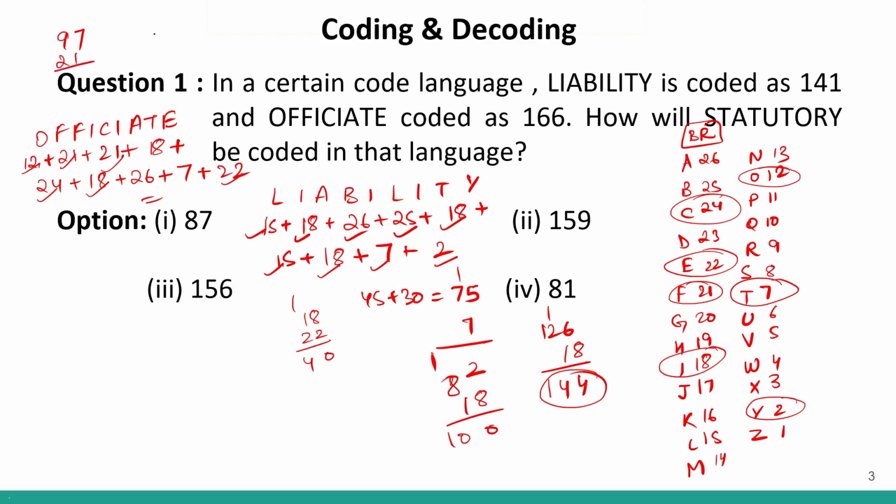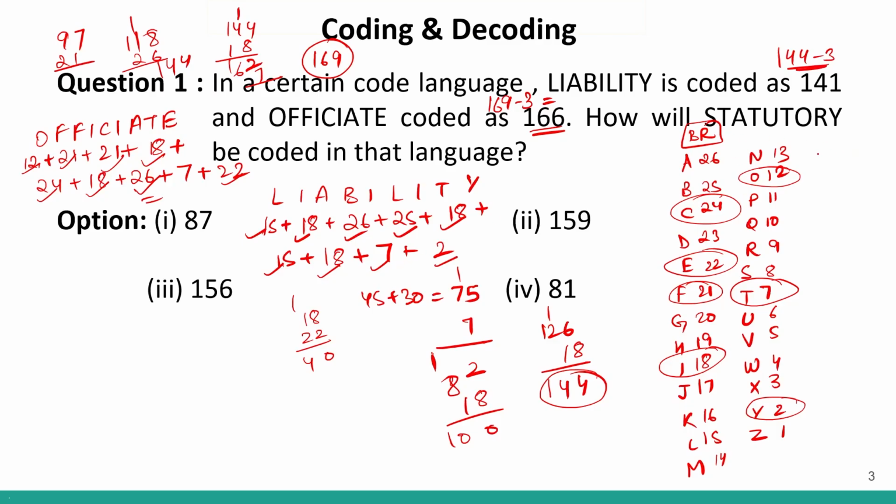So 21, if I add, plus 18 and 26, this will be 144 plus 18. So this will be 162. And if I add 7 to this, this will be 169. Correct? So 169 minus 3 will give me 166. This was 144 minus 3. So basically sum of backward ranks minus 3.